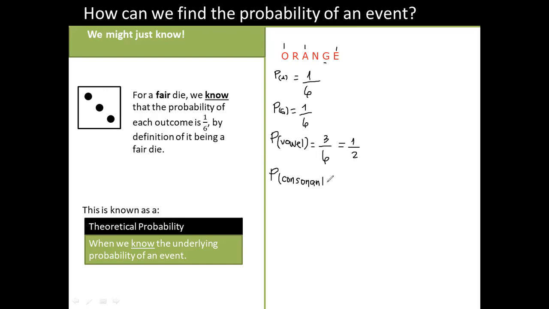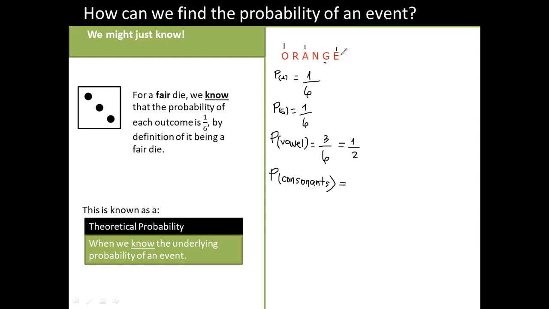What is the probability of getting consonant letters? Yes, Otto? How many consonant letters are there? 6. Is that 6 consonants? If O, A, and E are vowels, what are consonants?